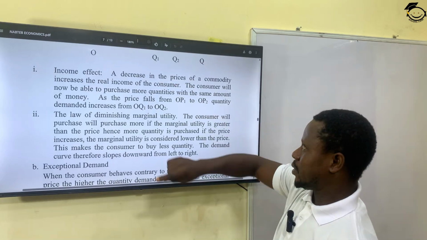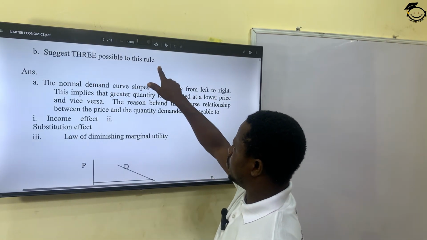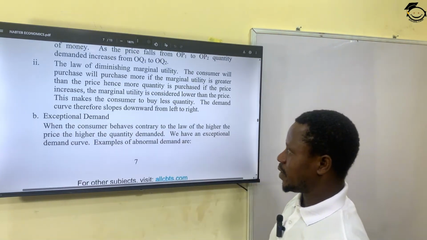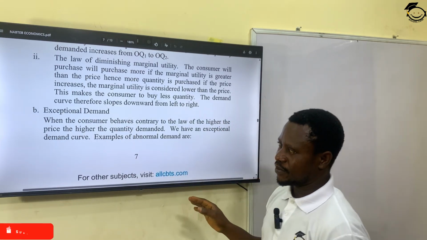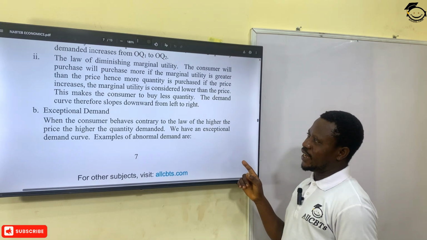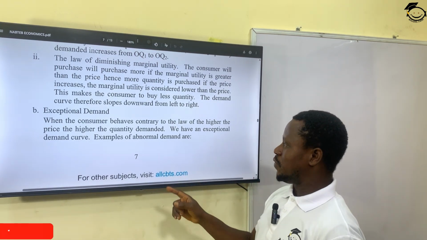Now, in the B part of this question, it says suggest three exceptions to this rule. What are the exceptions to this rule? Exceptional demand. When consumers behave contrary to the law, so that the higher the price, the higher the quantity demanded, we have an exceptional demand curve.